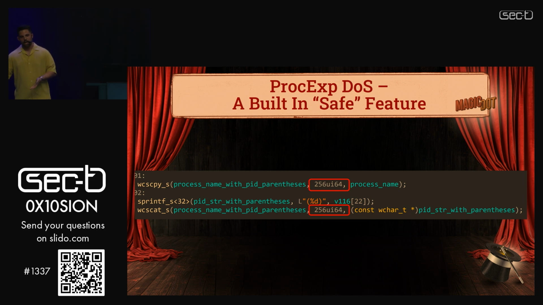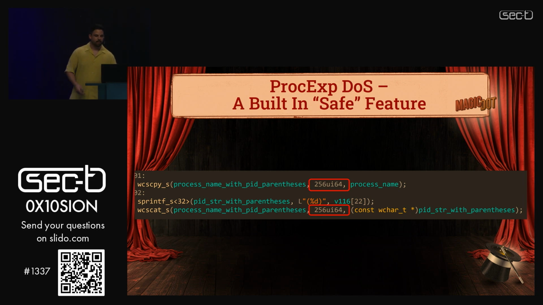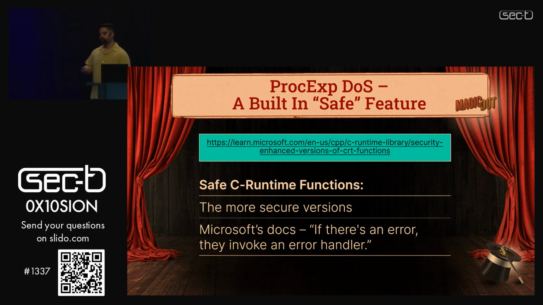But how does that help us? I mean, this is a safe C runtime function, right? wcscat_s. Safe C runtime functions are meant to protect us, right? Safe C runtime functions are really a more secure version of C runtime functions because they add a few extra security checks. But what happens when these security checks go wrong? Basically, they invoke an error handler.